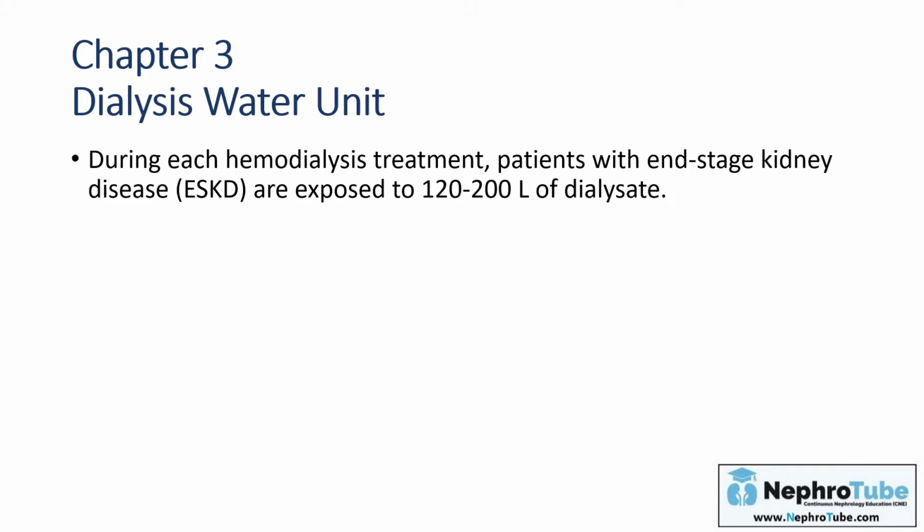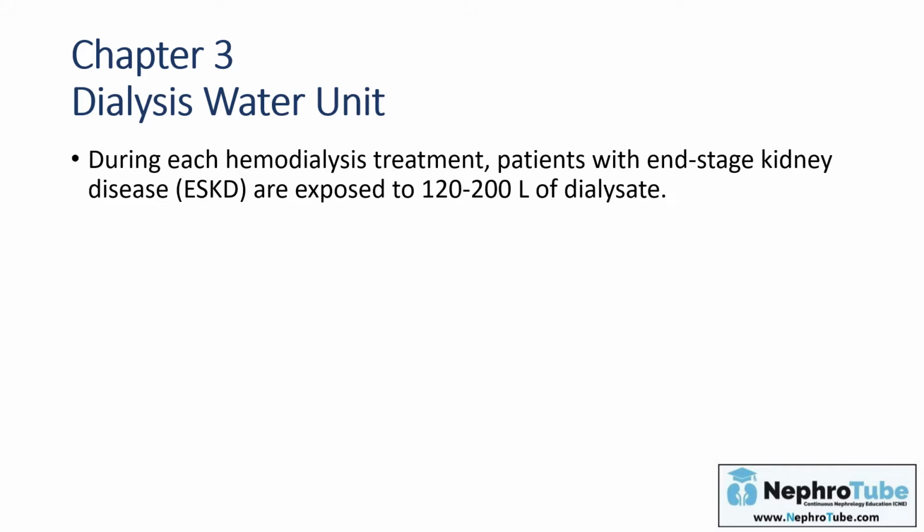At first, I want to mention that our hemodialysis patients use a large volume of water. During one hemodialysis session for one patient, usually this patient is exposed to 120 to 200 liters of dialysate.